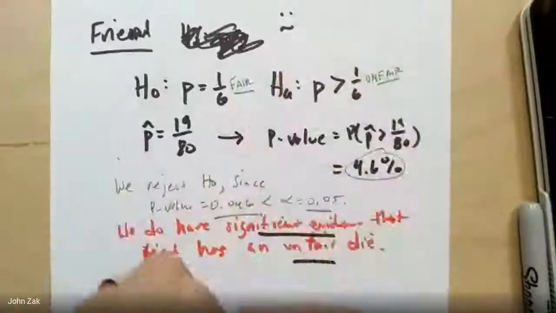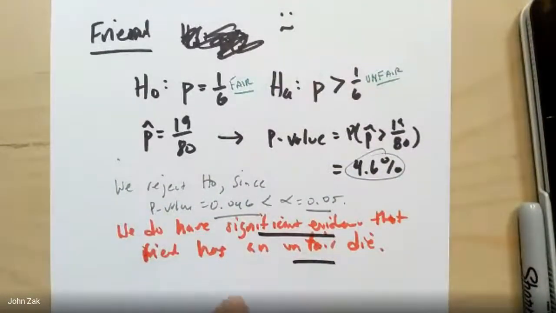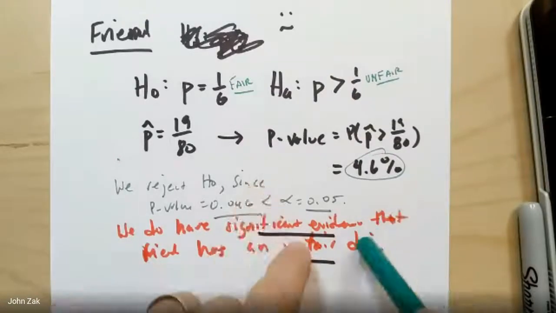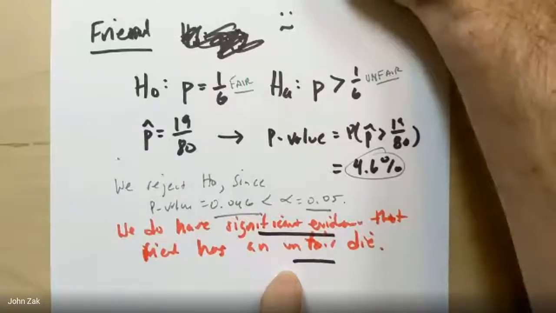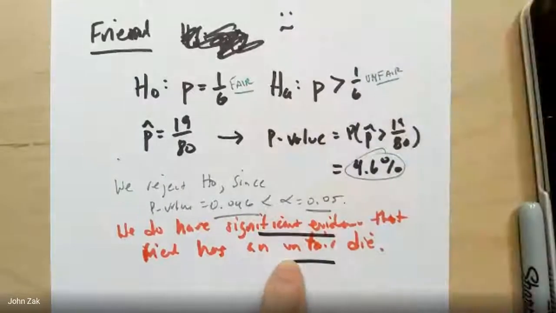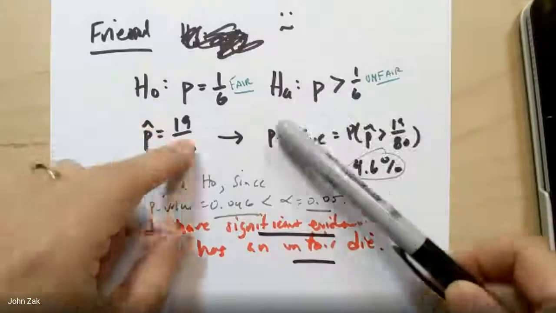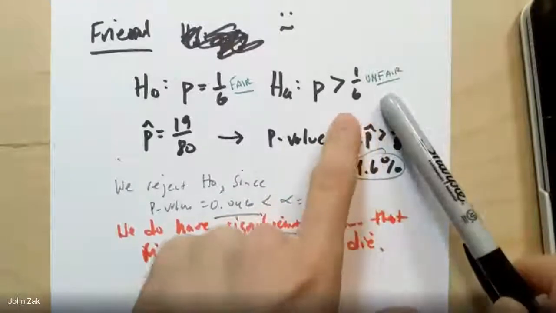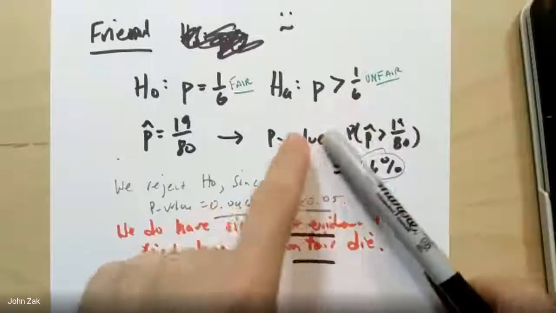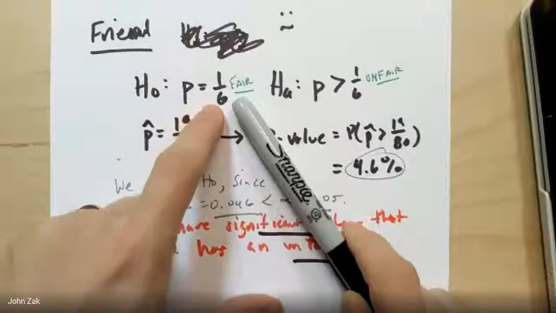Is this the reason that we reject a null hypothesis? Does that guarantee that this is in fact an unfair die? I see lots of people saying no, you are correct. Just because I found significant evidence that it is an unfair die, it doesn't mean that it actually isn't a fair die.